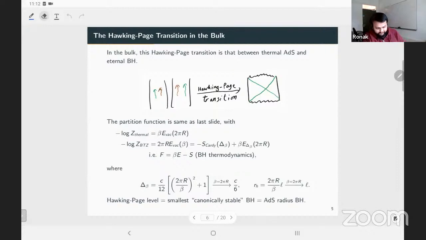Okay, so this is the Hawking-Page level. So this is my quick introduction to Hawking-Page transitions. So we actually have now spoken about all the three things that turned up in the title. We are going to go from the Bekenstein-Hawking entropy to the Gibbons-Hawking entropy via the Hawking-Page transition.